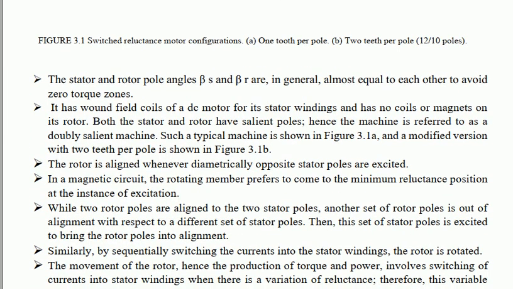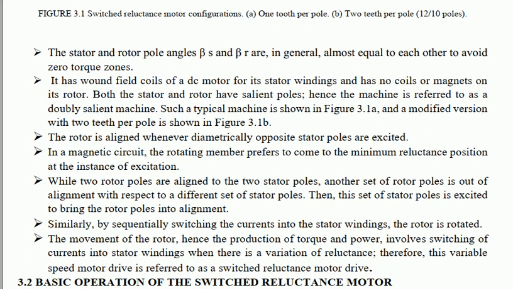It has the wound field coils of a DC motor for its stator windings and has no coils or magnets on its rotor. Both the stator and rotor have salient poles. Hence the machine is referred to as a doubly salient machine.